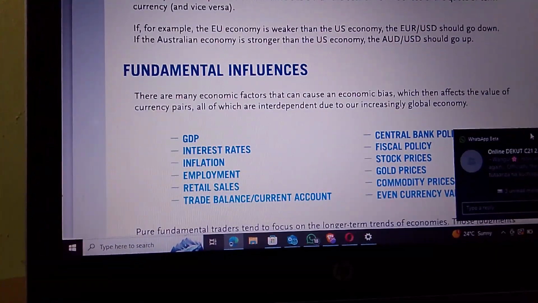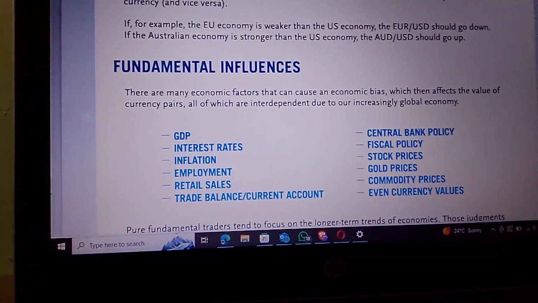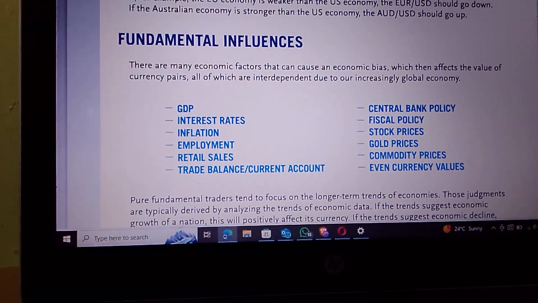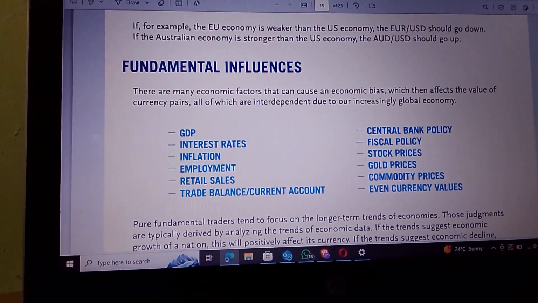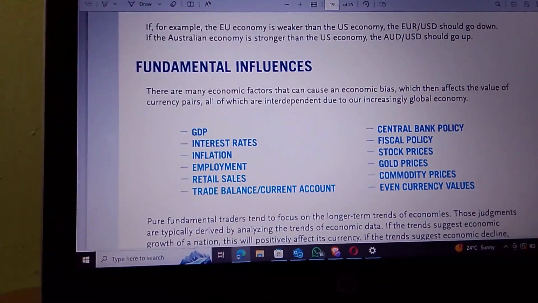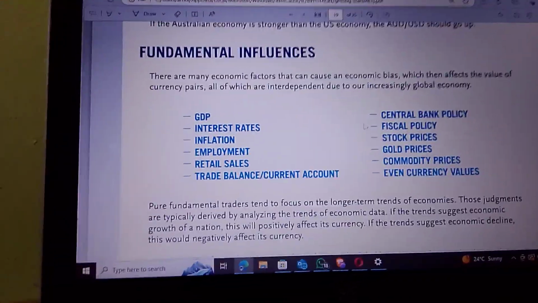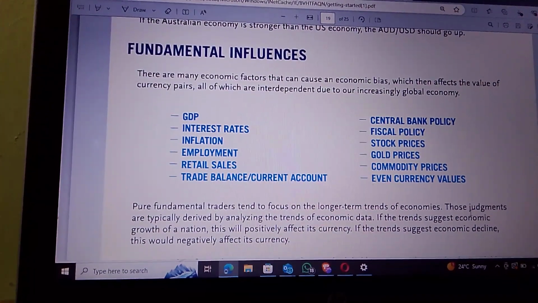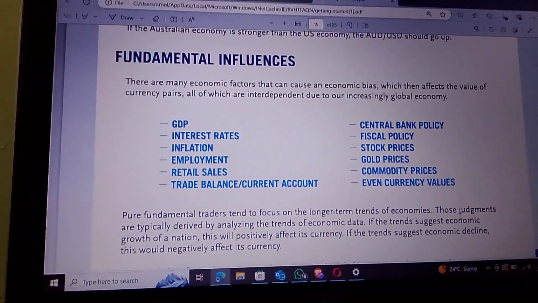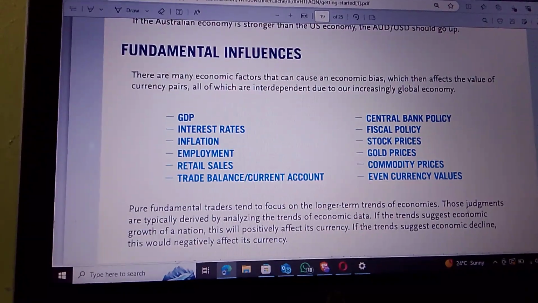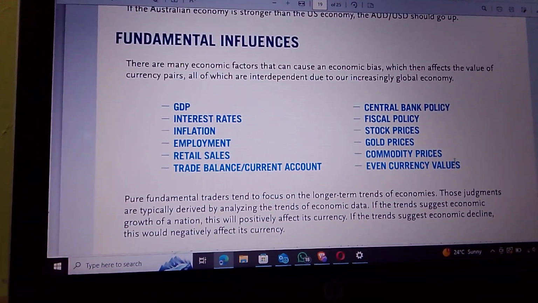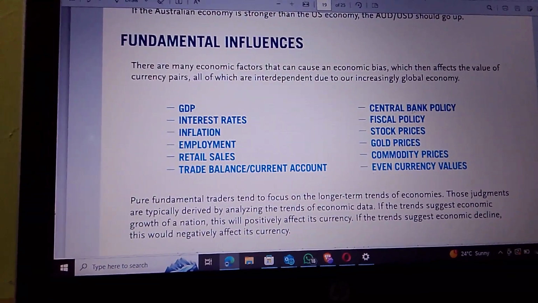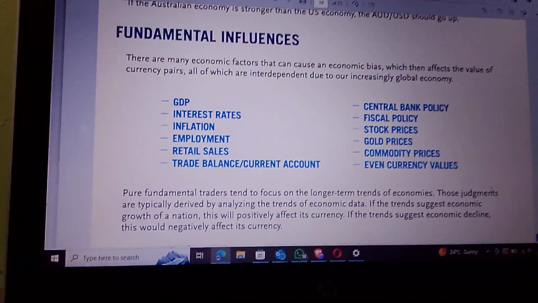So, the fundamental influences. There are many economic factors that may cause an economic bias, which then affects the value of currency pairs, such as GDP, interest rates, inflation, employment, retail sales, trade balance, current account, gold prices, commodity prices, even currency values, fiscal policy, central bank policy, and stock prices.